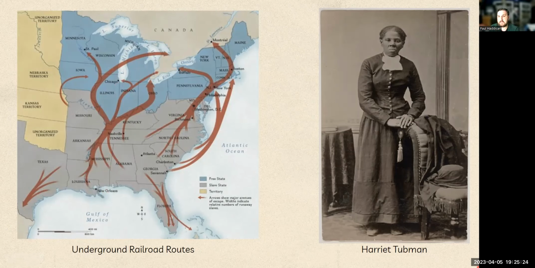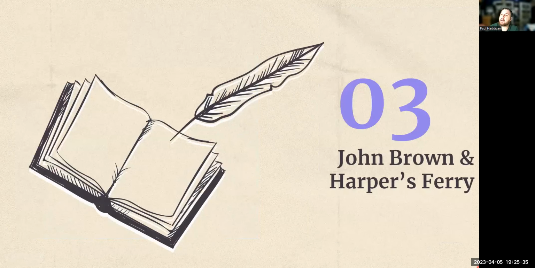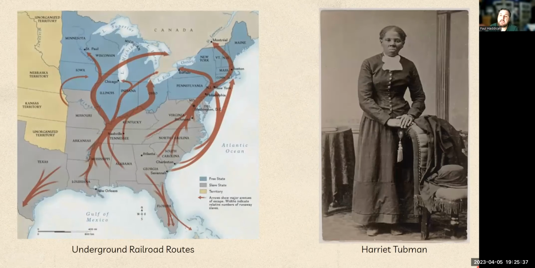Of course, Harriet Tubman here is one of the most famous people associated with the Underground Railroad. She helps hundreds of slaves to escape and kept going back into the South to get more. She was always trying to get the most people that she could out of it.